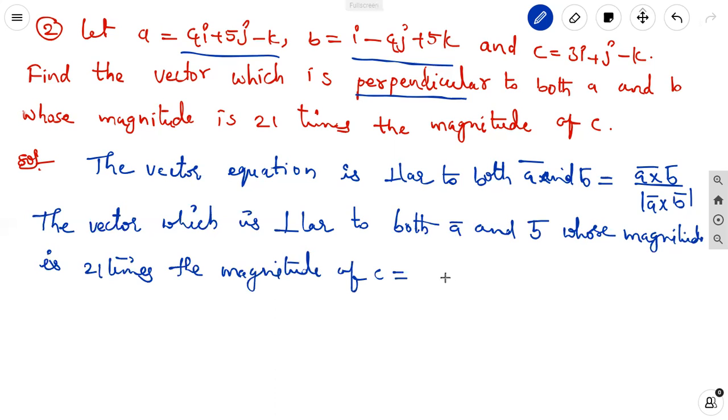That is equal to 21 into magnitude of C into magnitude of A vector cross B vector by modulus of A vector cross B vector. Why? Because it is a vector, we can find out the modulus.